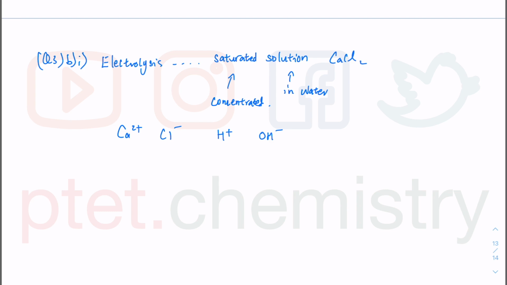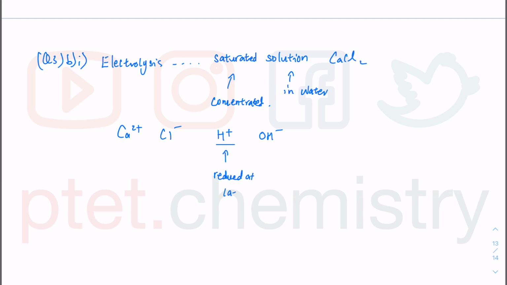So for the cations, it's a no-brainer. It's the H plus that will go to the cathode. I beg your pardon. Okay, so this one will be reduced at the cathode.